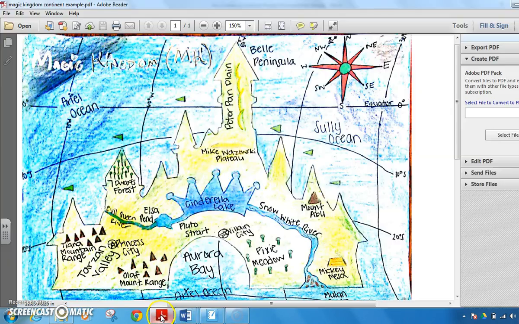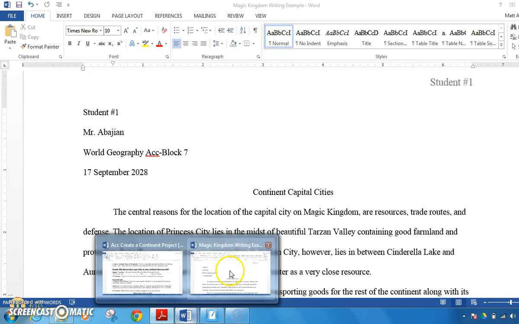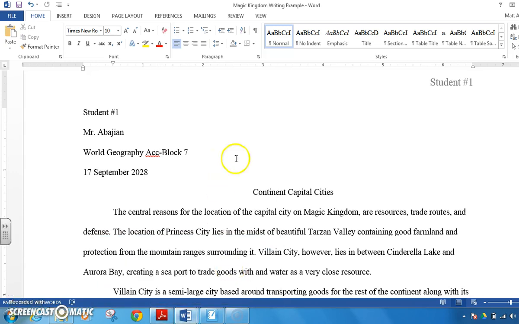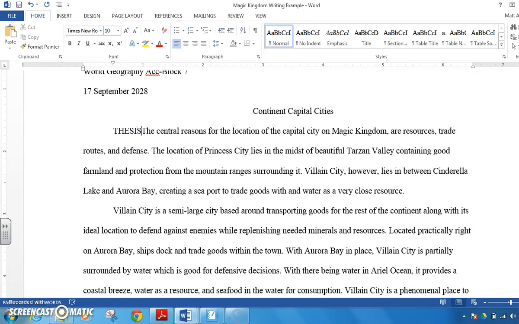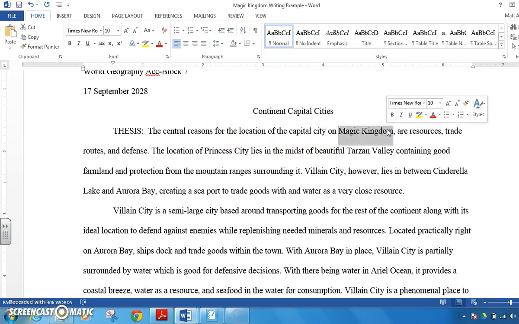So, if I'm taking a look here between Villain City and Princess City, I'm going to take a look at the writing that this student has done. Now, you'll be typing up a rough draft, and your final copy will be MLA format, and I'll talk about that in class. But if you go down here, here's the thesis statement right here. The central reasons for the locations of the capital city on, and this is Magic Kingdom right here. Okay?